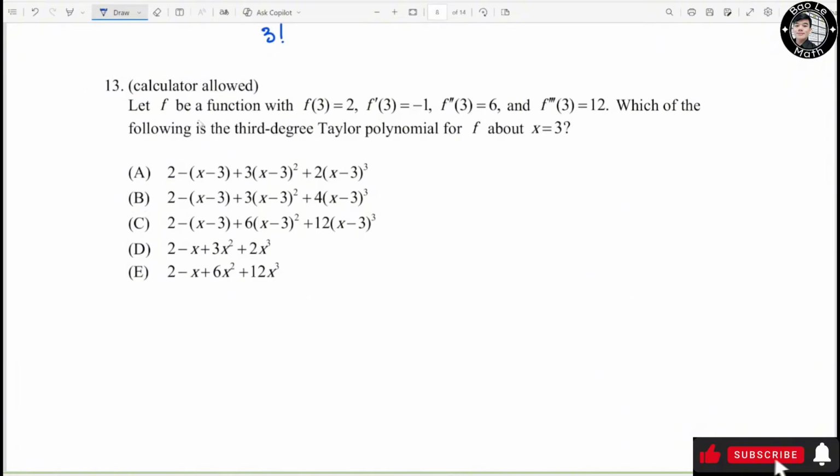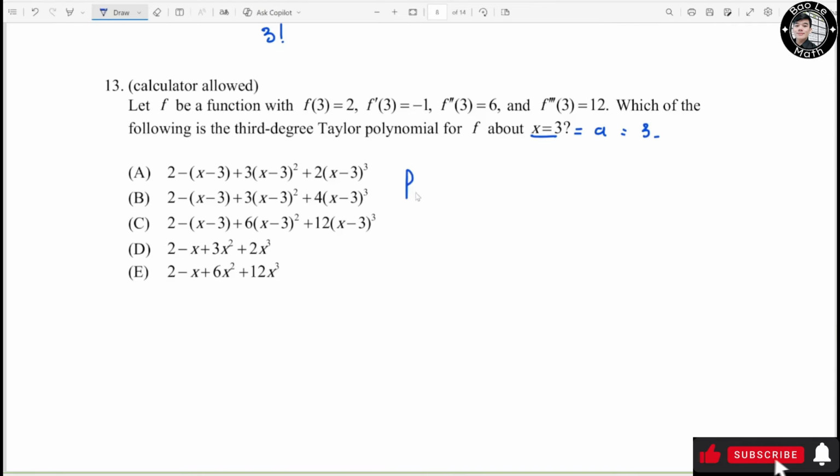Question 13. Let f be the function with f of 3 equal to 2, f prime of 3 equals negative 1, f double prime of 3 equals 6, and f triple prime of 3 equals 12. Which of the following is the third degree Taylor polynomial for the function f about s equals 3? So the center a equals 3, right?